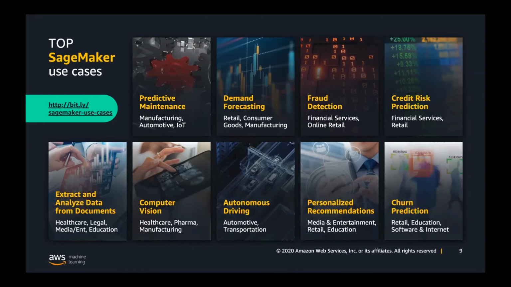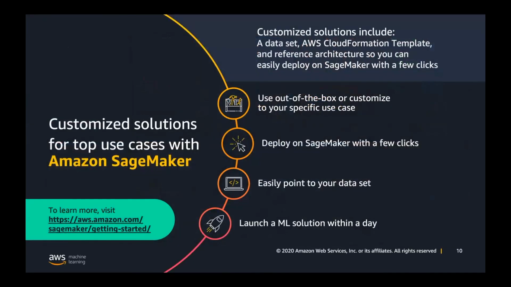And to make the life of our customers much easier, we have built solutions for those. For these use cases, we provide a pre-built, customizable solution that can help you accelerate your machine learning journey. If you are familiar, it's kind of like an AWS CloudFormation template. You go and click on that template, and it will install and set up everything in one account.